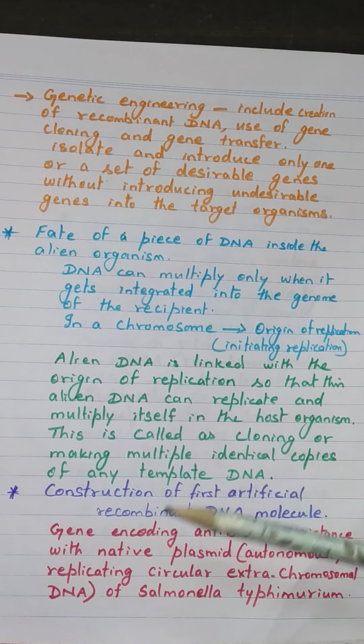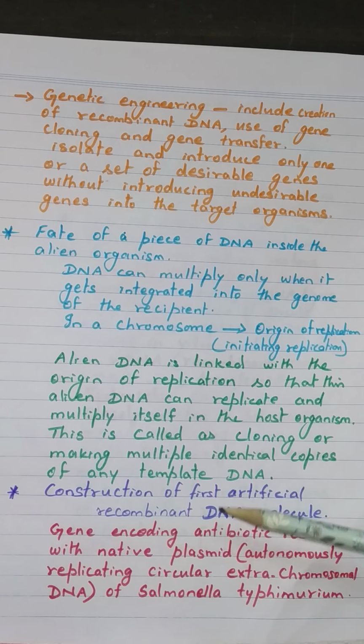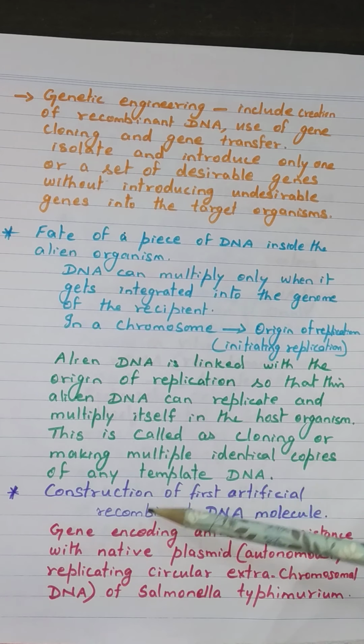Now, let us focus on the first instance of the construction of an artificial recombinant DNA molecule. How was the first artificial recombinant DNA molecule constructed? What is a recombinant DNA molecule?